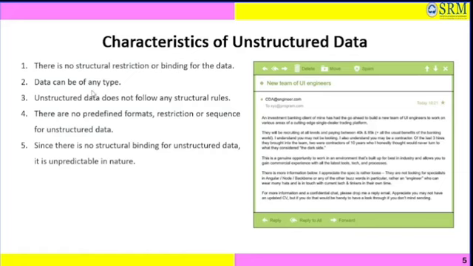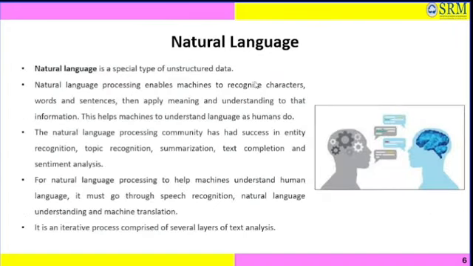Data can be of any type. Unstructured data does not follow any structural rules. There are no predefined formats, restrictions, or sequence for unstructured data. Since there is no structural binding for unstructured data, it is unpredictable in nature. These are the list of characteristics of unstructured data.